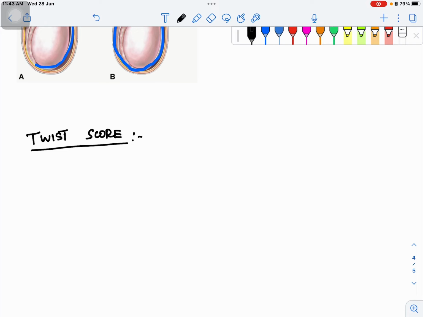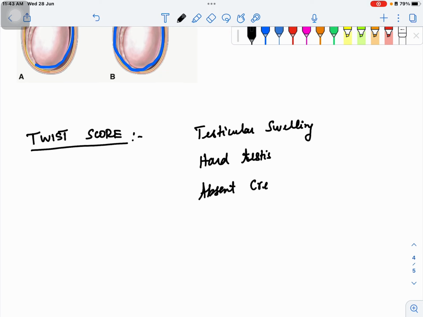The TWIST score consists of 5 components, which you must know. The first component is presence of a testicular swelling, presence of a hard testis, absent cremasteric reflex, nausea and vomiting, and high riding testis.